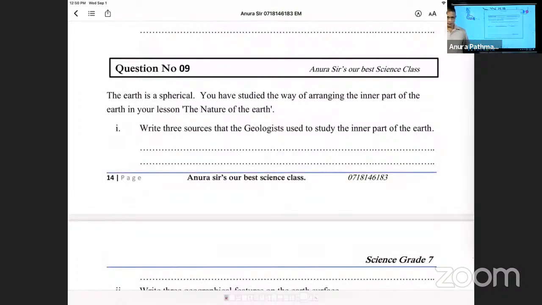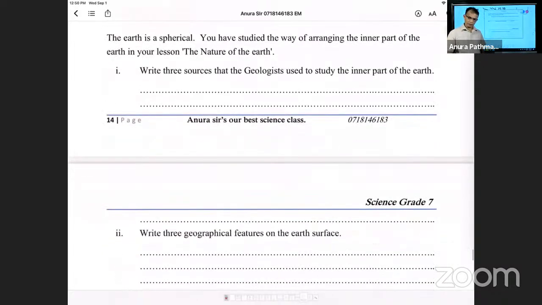The last one. The earth is spherical. You have studied the way of arranging the inner part of the earth in your lesson, the nature of the earth. Write three sources that geologists use to study the inner part of the earth.